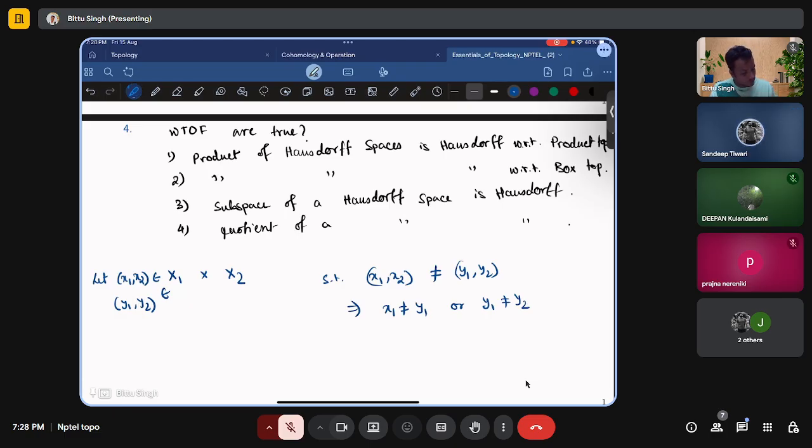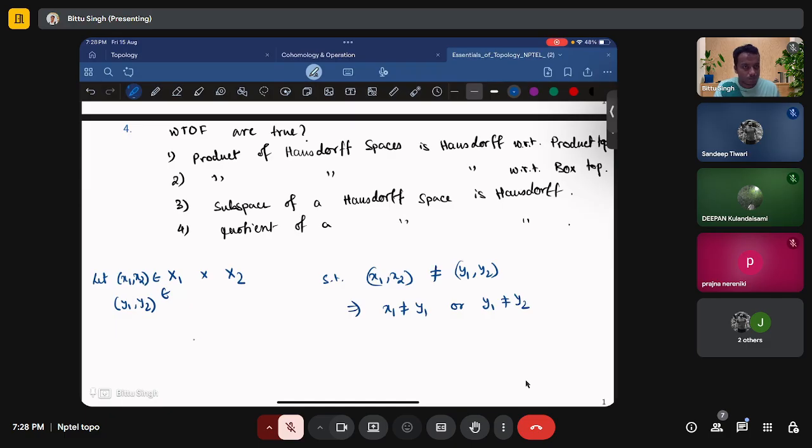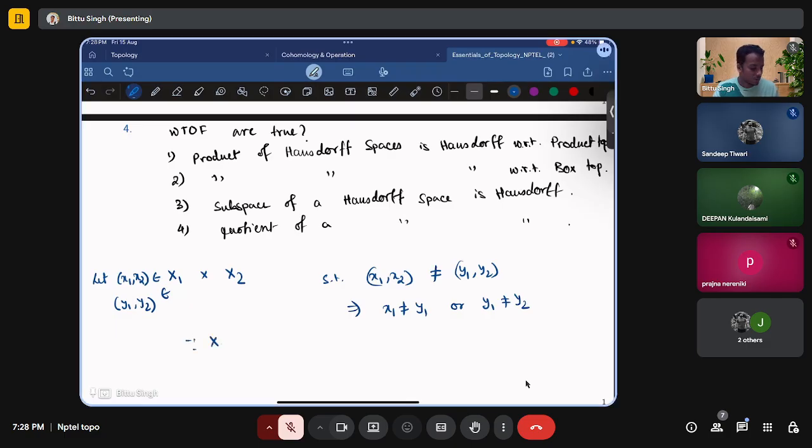Now, without loss of generality, let us assume the first components are different, let x1 not equal to y1.